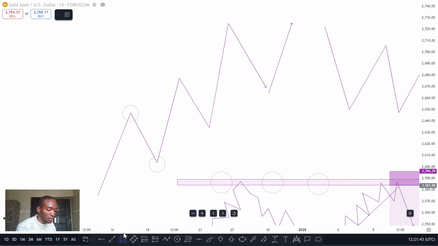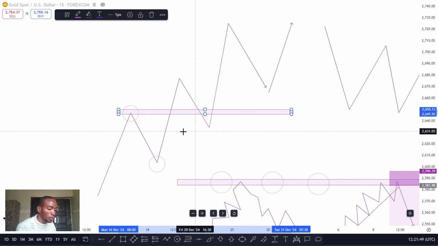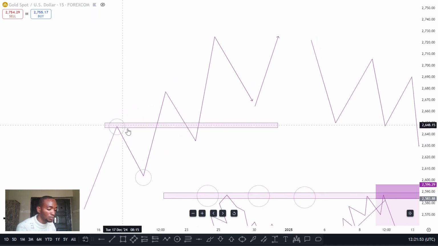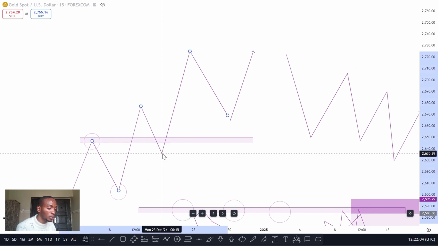Okay, let me just mark out this very zone. Now you can say this is a strong resistance zone. When the market breaks out of this zone and comes back, most of the time what it does is take out liquidity that has formed around this zone. I'm going to do a video on liquidity as well.